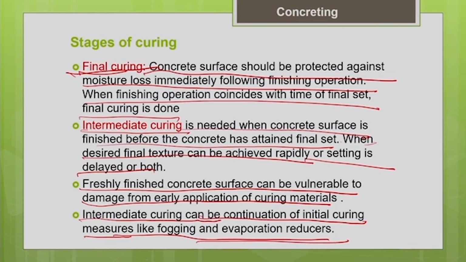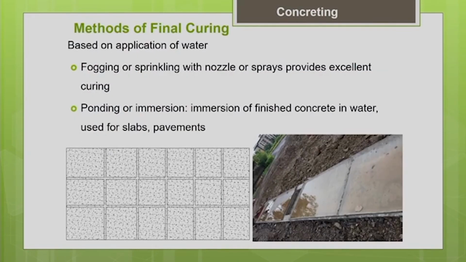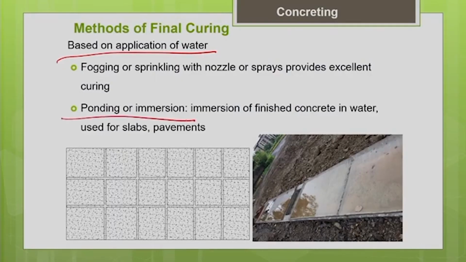So, what are the different methods of final curing? Mostly the traditional way is we apply water for the final curing. That is a commonly adopted method and it is the best method for the concrete. Particularly for structural elements which have a larger surface area, like slabs and pavements, we go for a method called ponding or immersion.